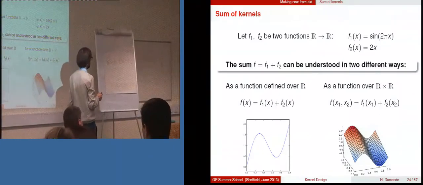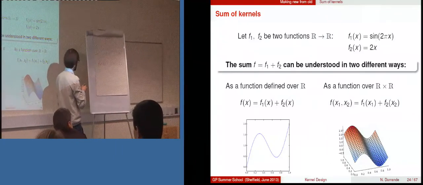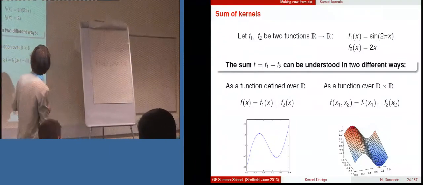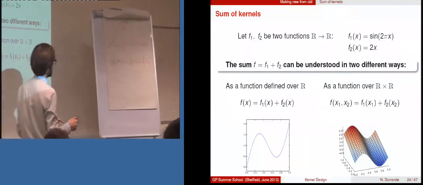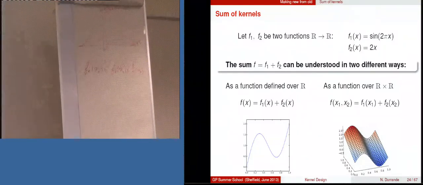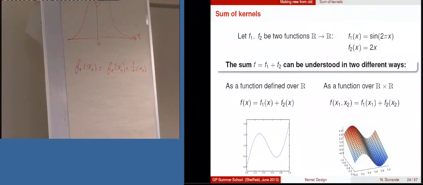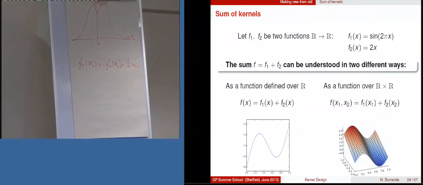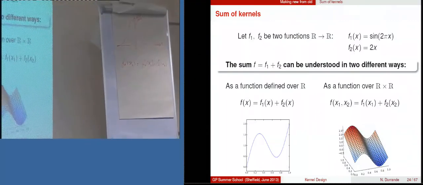It's just a way to say that you can see this function f1 as a function of one variable, or you can see a hidden second variable, saying that the function is constant in the other direction.